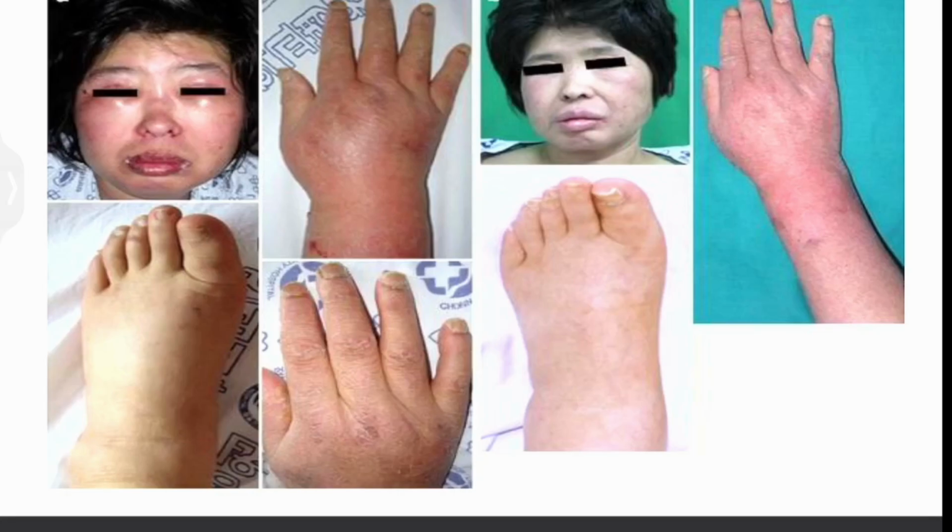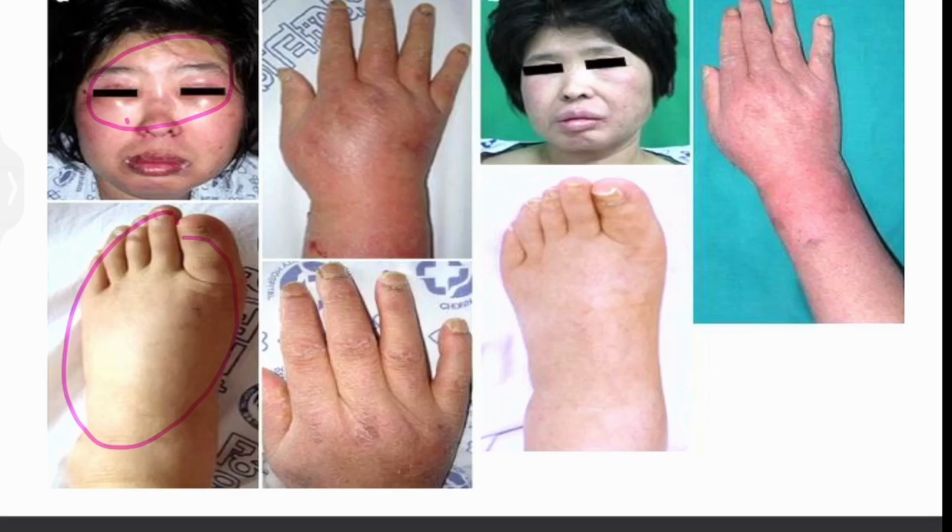Now we look into the regions affected. Sometimes the edema can be predominant in the face, the periorbital region, classically seen in renal problems. Sometimes in angioedema you can also get it on the face. You can get dependent edema, the classical example being cardiac failure, but it can also be generalized edema.